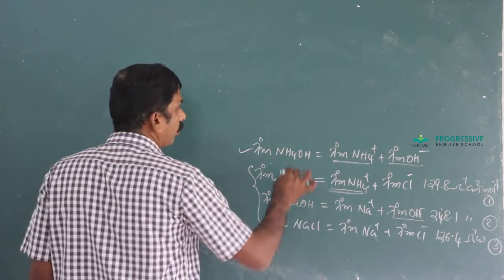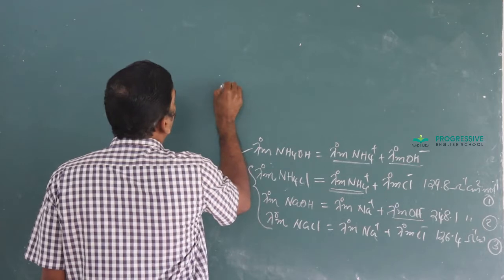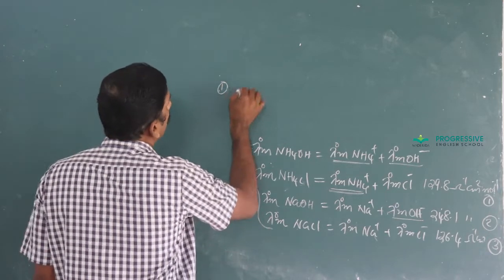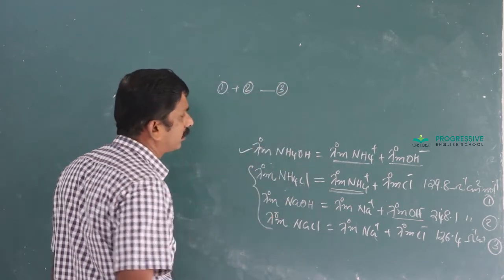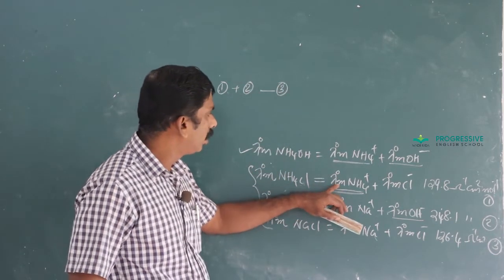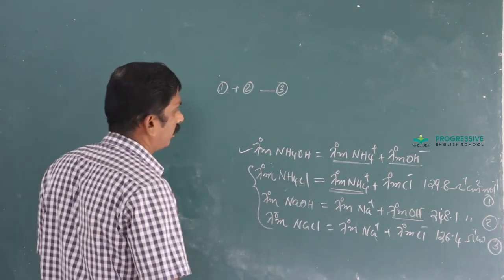Then equation 1 plus equation 2 minus equation 3.